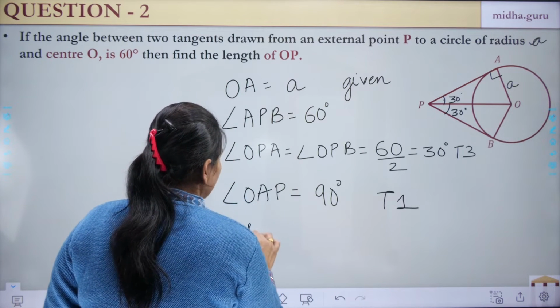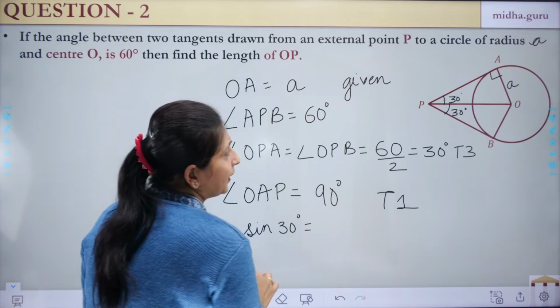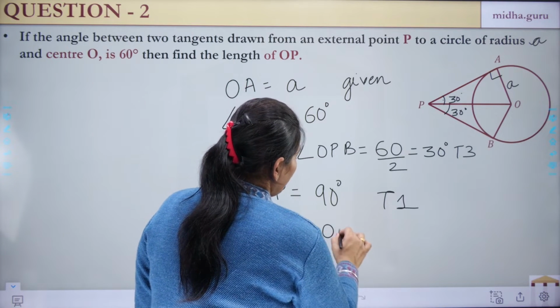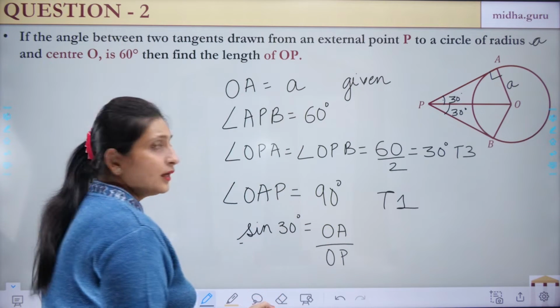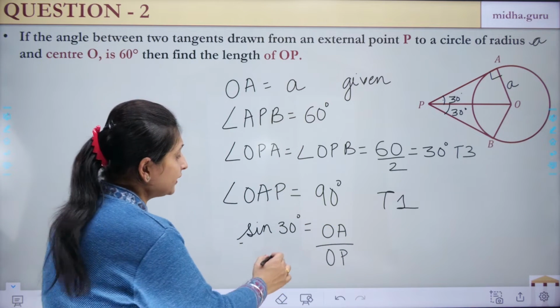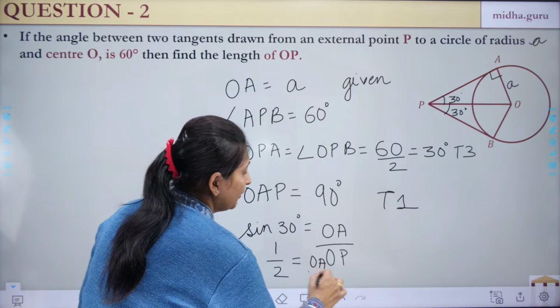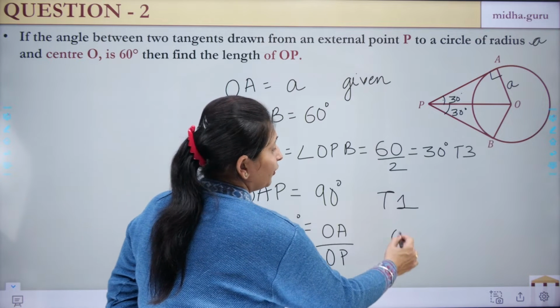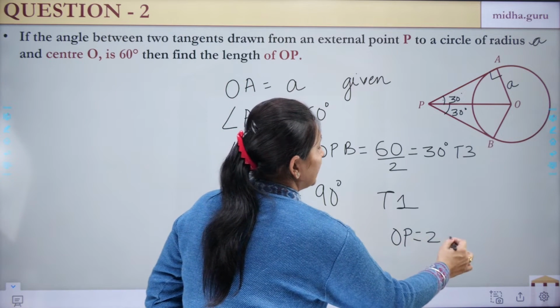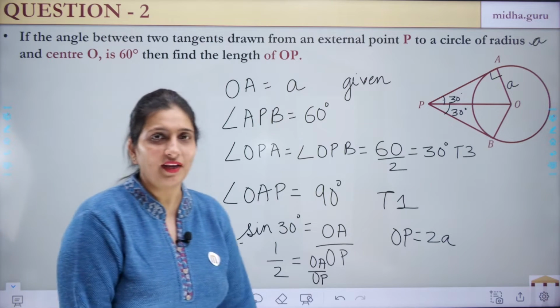So we'll write sine 30 degrees is equal to perpendicular by hypotenuse, which is OA by OP. What's the value of sine 30? This is half. Half is OA by OP. So we'll get the value of OP. OP is 2 times OA. So it was so simple, right?